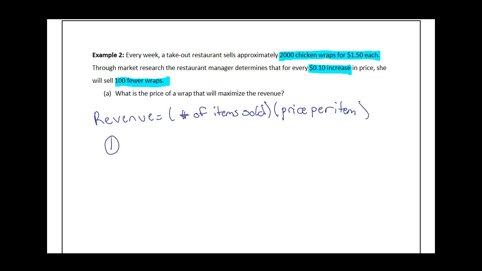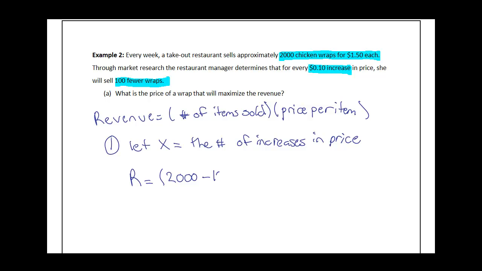But first of all, we need to identify our variables. So let x here be the number of increases in price, because we're testing to see what the max revenue will be. Due to our revenue equation here, the 2,000 chicken wraps will decrease by 100 wraps for every increase of price, because x is our increase of price.